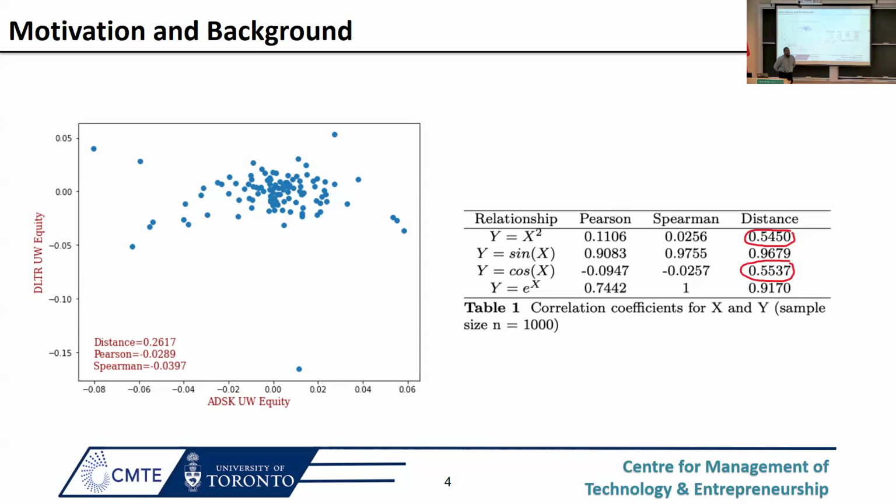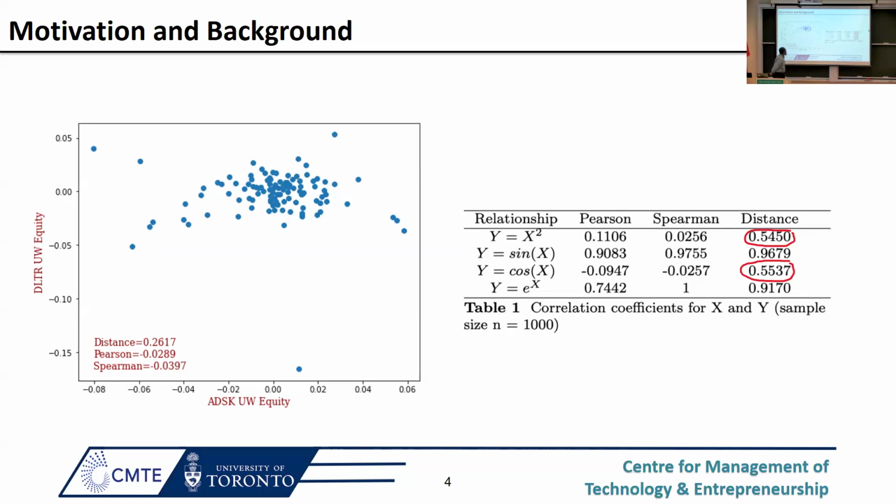We can see visually there's a sort of relationship. But when we look at the Pearson correlation coefficient, the Spearman and the distance, it tells us the coefficient is 0 for Pearson. For Spearman it's 0 point something, telling us there's no linear relationship, or, to the layman, there's really no relationship between these two stocks.